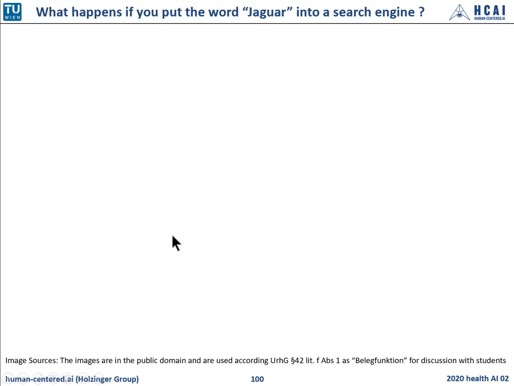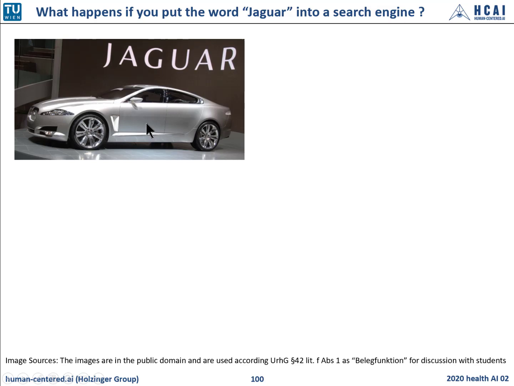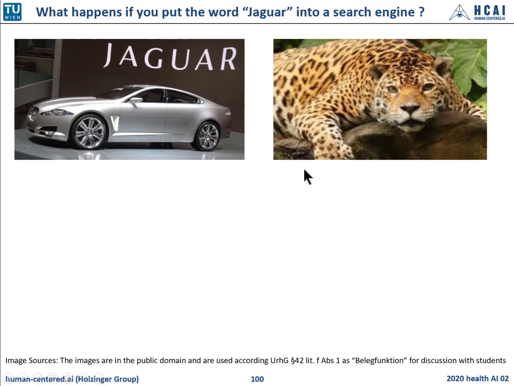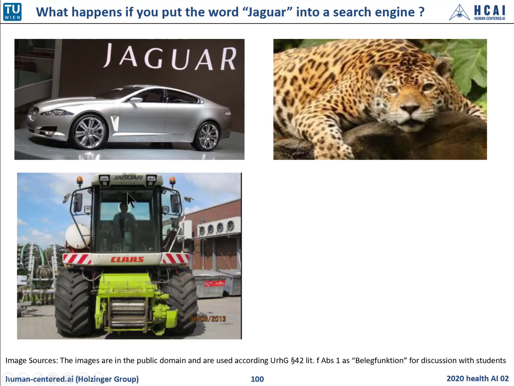Okay, so what happens in a very simple example? What happens if you put the word Jaguar into a search engine? Yeah. So if you put the word Jaguar in the search engine, you will get different results. Of course, a typical von Neumann machine will know it's a sports car, but it can also be the animal or a tractor. For example, there's a company named Jaguar which produces tractors.